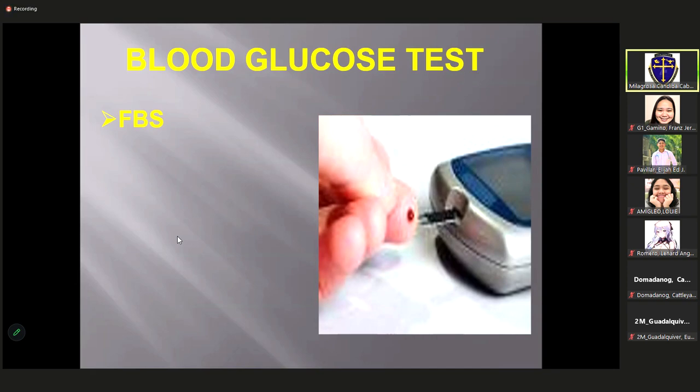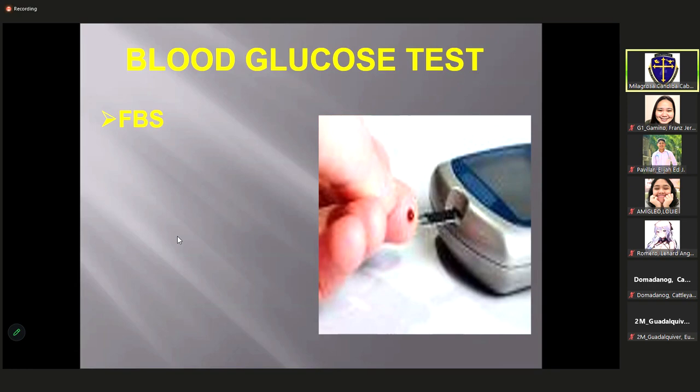So, normally, below 100 milligrams per deciliter after not eating for at least 8 to 10 hours, then less than 140 milligrams per deciliter 2 hours after eating. So that would be considered normal for our FBS.